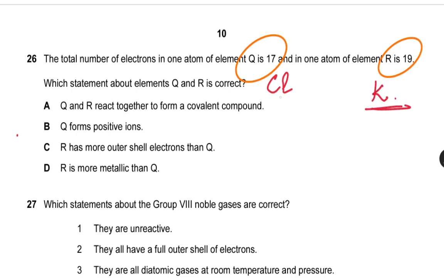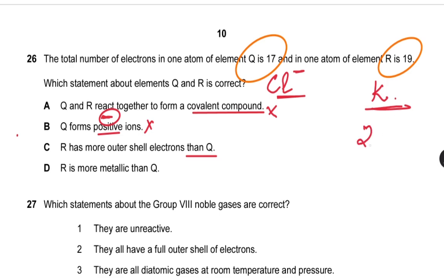So this is a metal, this one is the non-metal. Metal and non-metal always form ionic compounds. Q and R react together to form a covalent compound? No. Q forms a positive ion? Q basically forms the negative ion, not the positive ion. Wrong. R has more outer shell electrons than Q.